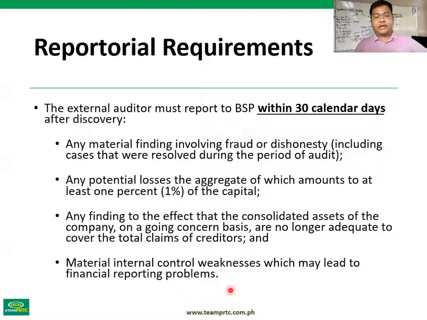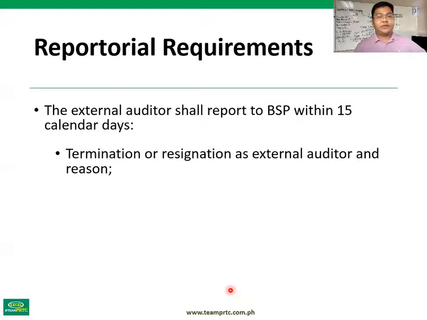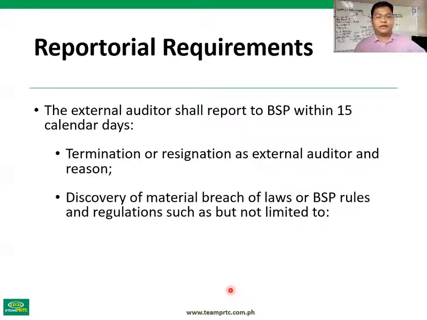Okay. Another set. The external auditor shall also report to BSP this time within 15 calendar days the following situations. So first, termination or resignation as an external auditor and the reason of termination or resignation. Another, discovery of material breach of laws or BSP rules and regulations, so such as but not limited to, first, capital adequacy ratio.